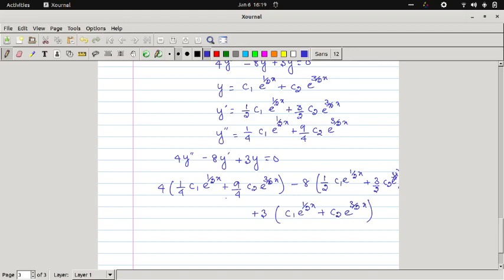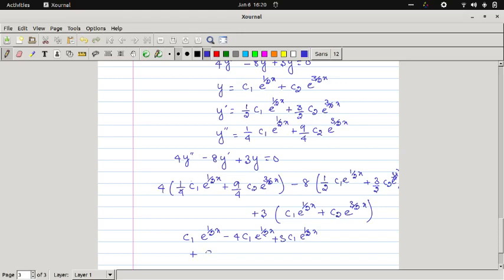Now if you look, the 4 is multiplied, it becomes 1, and here 4, so 3. These will cancel. So we take c1 exponential of 1 by 2x: this term is minus 4 times c1 exponential of 1 by 2x, from here plus 3 times c1 exponential of 1 by 2x. If you look at the coefficients, it becomes 0.